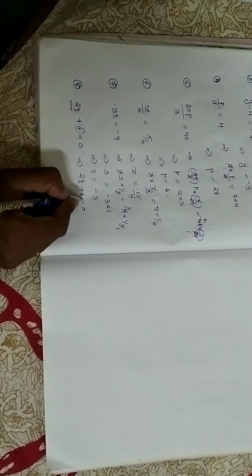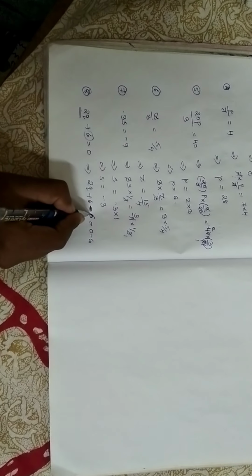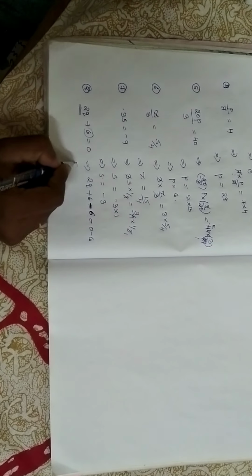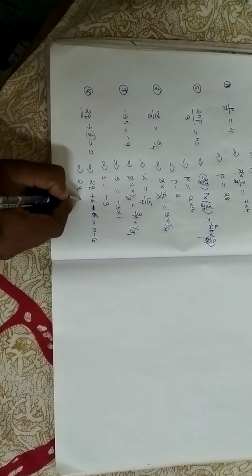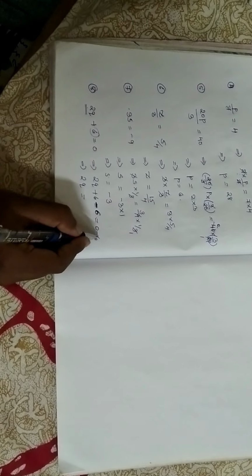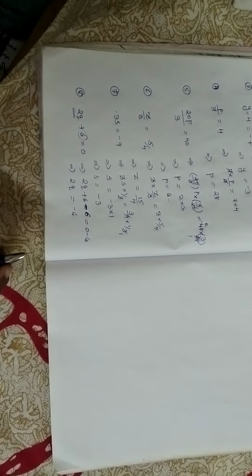2q plus 6 minus 6 is equal to 0 minus 6. So plus 6 and minus 6 become 0, which implies 2q is equal to 0 minus 6, that is minus 6.